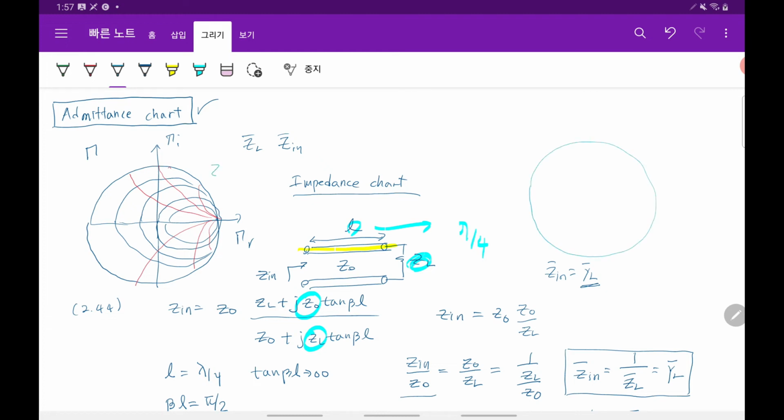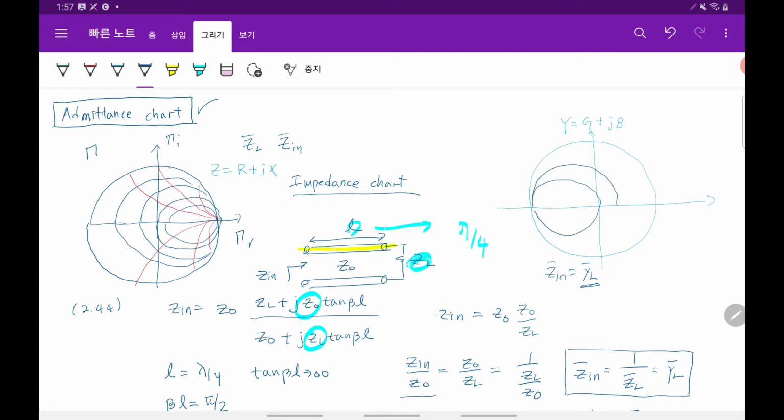So Z is R plus JX, and then Y becomes G plus JB, right? So if we make it opposite, then the resistance circle becomes this.